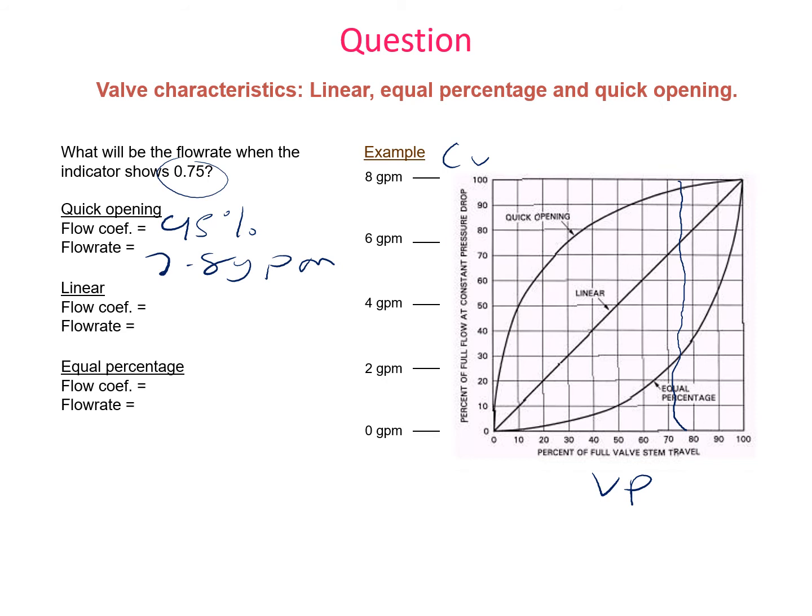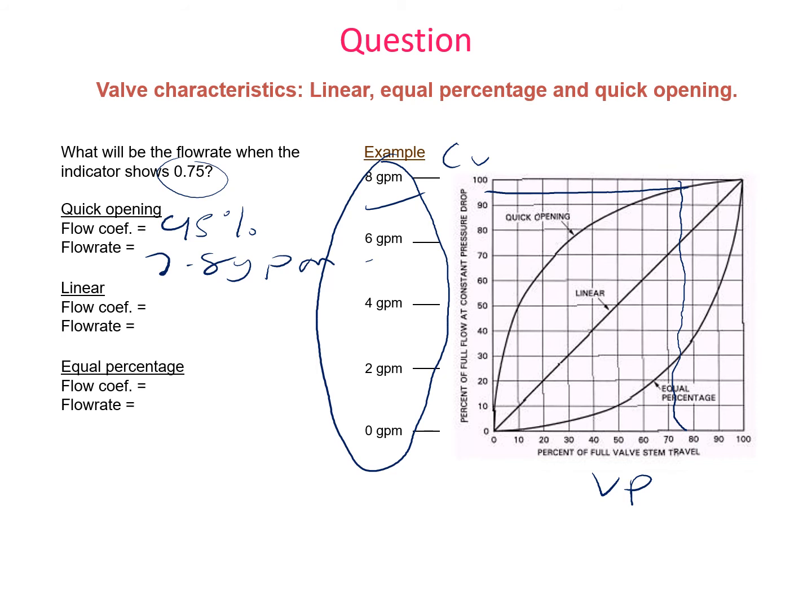You just track the line and then you can get 95%, and this is the scale for the flow rate. So 95% is likely here, around 7.8 gallons per minute.